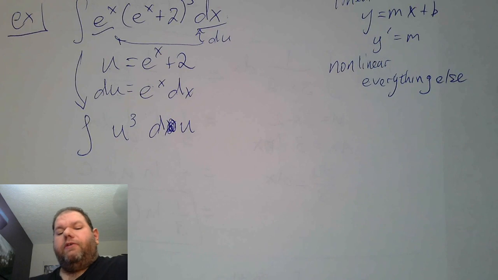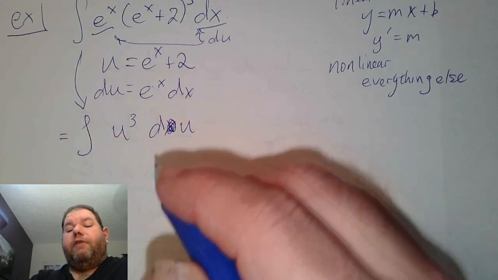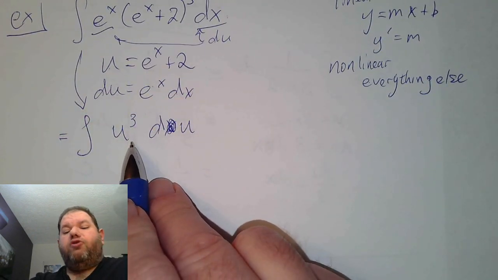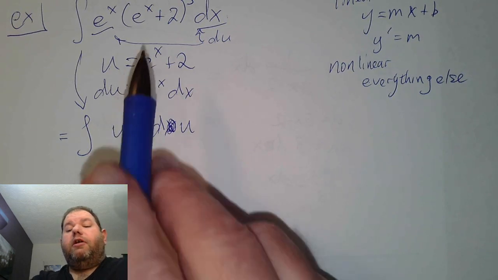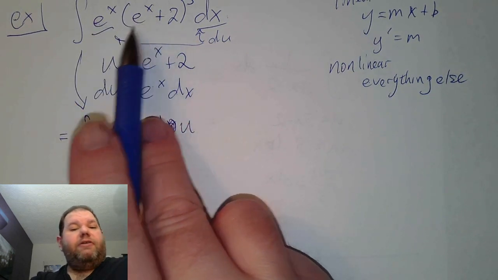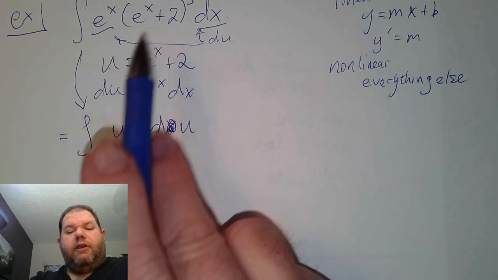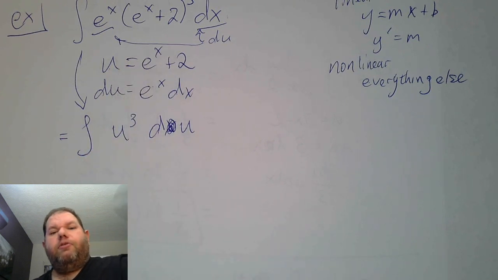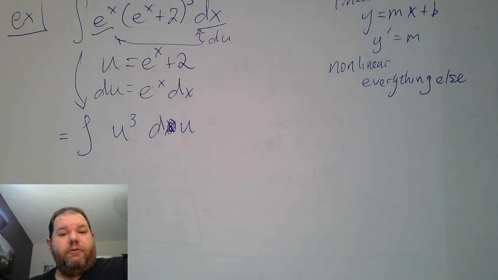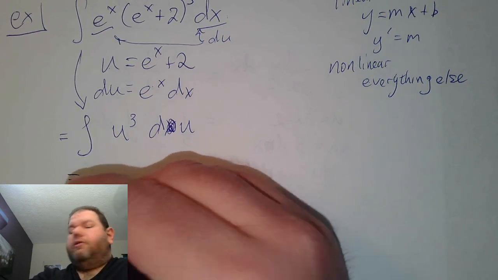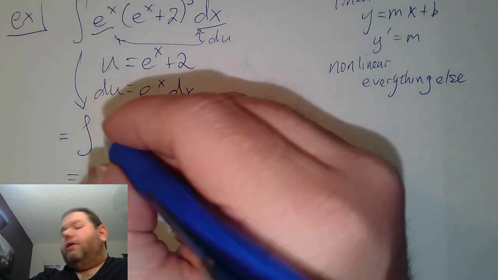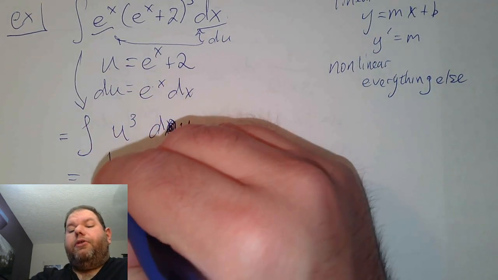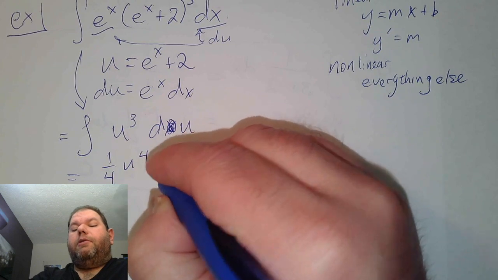Okay, so that actually makes a relatively simple integration once we do our substitution. But this one, when we first look at it, doesn't look simple at all. And that's why substitution methods are really great, because it allows us to circumvent what might otherwise be a really difficult problem. So we integrate u cubed, and that gives us a 1/4 u to the 4th plus c.